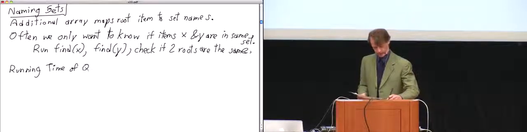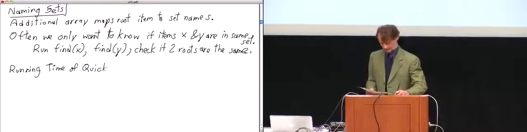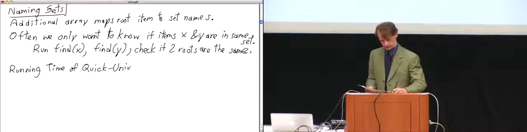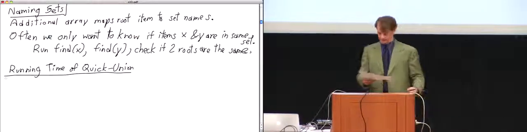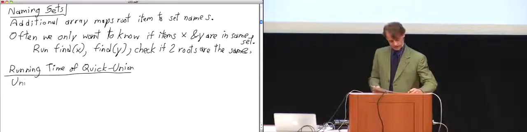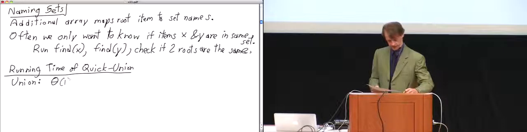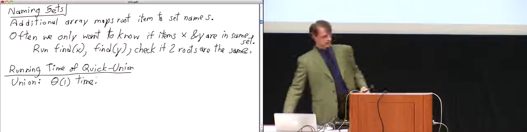So I want to briefly tell you about the running time of quick union, even though it comes with a horribly complicated proof that you probably never want to see. First of all, as I said before, union operations obviously take theta 1 time. How do you know they take theta 1 time?